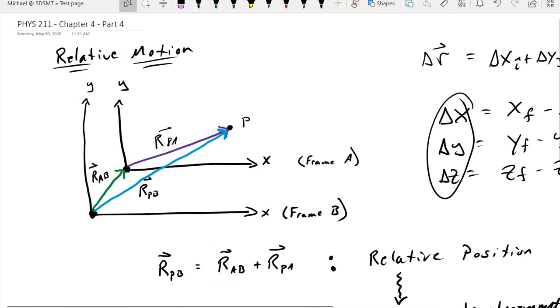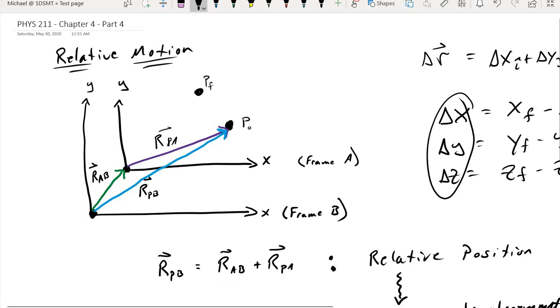So back to the picture, if I were to take this point P and move it through space, we'll move it up here. So this is the initial position of our point. This will be the final position of our point.